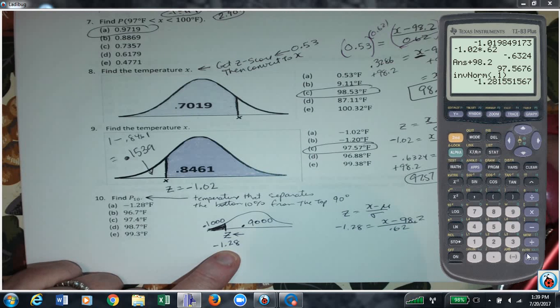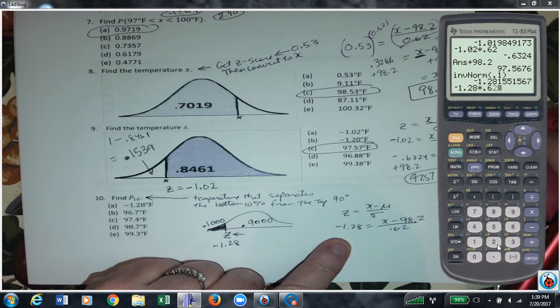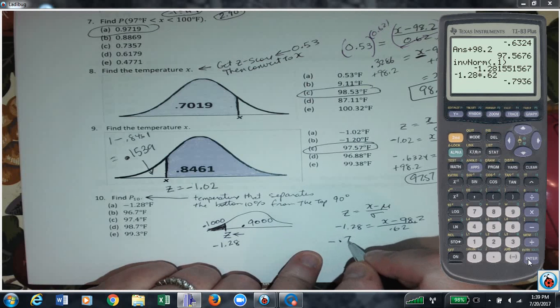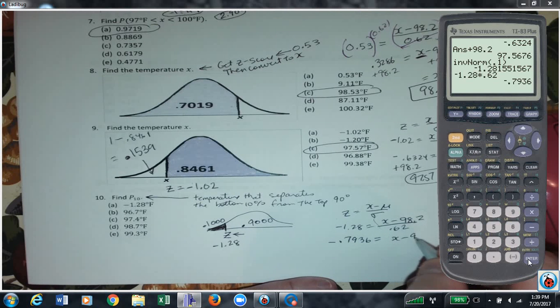So negative 1.28 times 0.62. So I'm going to multiply both sides by 0.62. So over here I get negative 0.7936. If I multiply this fraction by 0.62, the 0.62's cancel.